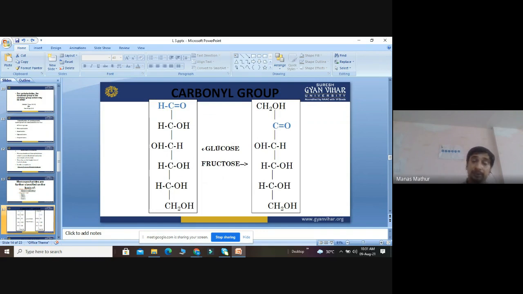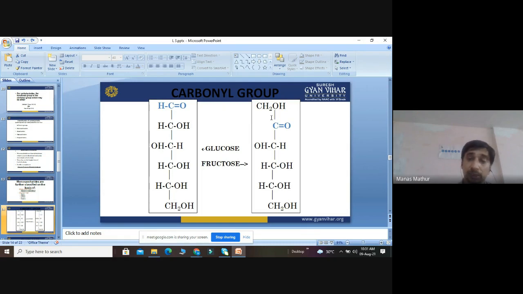So if there is a 6 carbon chain and it is having aldehyde group, what will we call it? We will call it glucose. And suppose we are having a 6 carbon chain and we are having which group? Ketone group. We will call it what? Fructose.